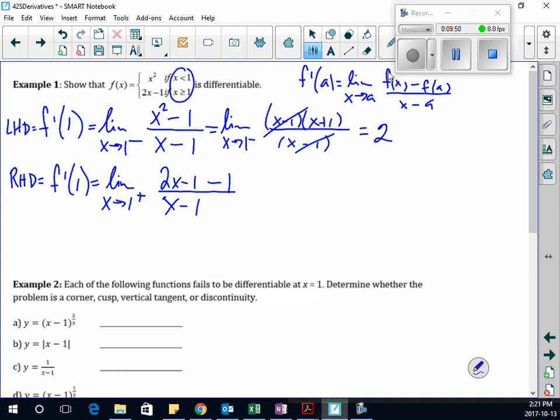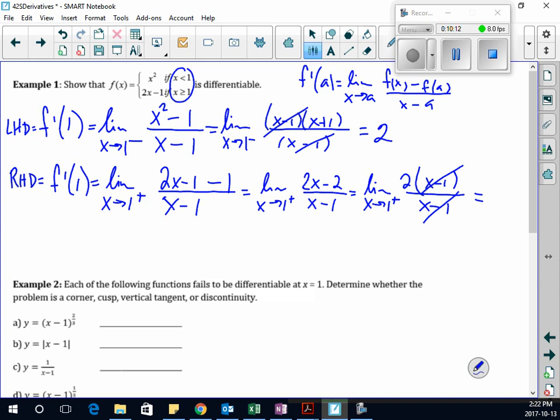So if I simplify this, I get 2x minus 2 over x minus 1. If I plug her in, I still get 0 over 0. Factor, yes, and I get 2 bracket x minus 1 over x minus 1. They cancel, and I get 2.